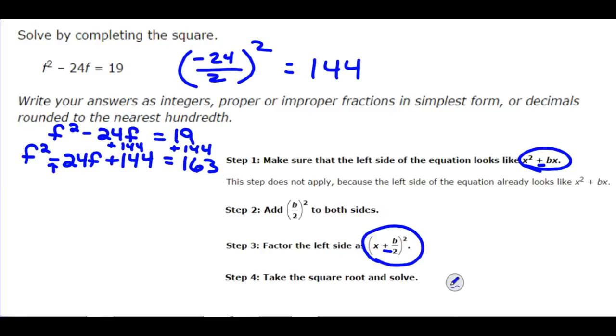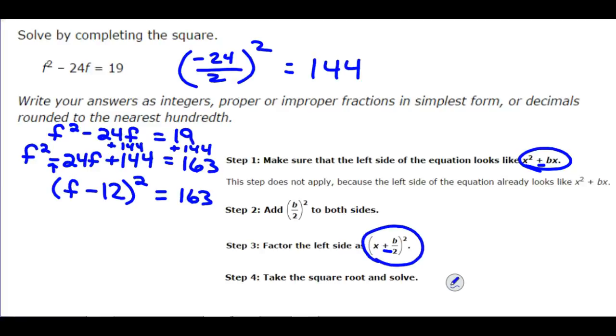If that's a plus, it's going to be a plus. The next line will look like this. F minus 12, all of that squared, equals 163. That is the beauty of why this works, because it's going to happen like that every single time. Whatever half of this number is, that's what's going to go inside the parentheses.